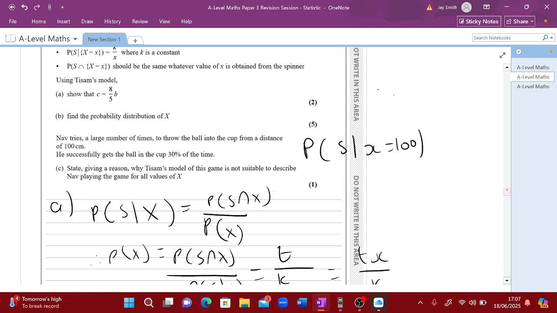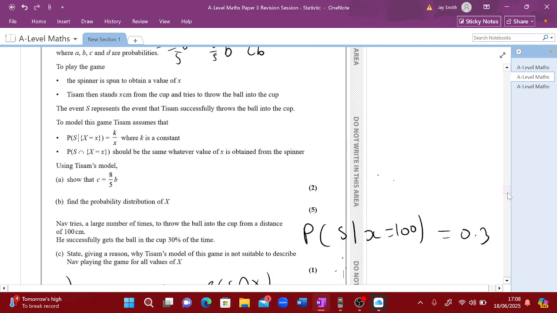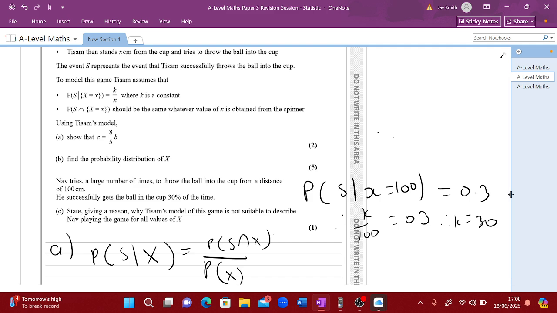So the probability is successful, given that he has a distance of 100, that's 0.3. But we know what S given X is, don't we? S given X is this expression here, K over X. So that means K over 100, so X to 100 is 0.3. Therefore, K is going to be 30, right? But then it said for all values of X. So we want to then try other values of X other than 100. But we know what K is now.